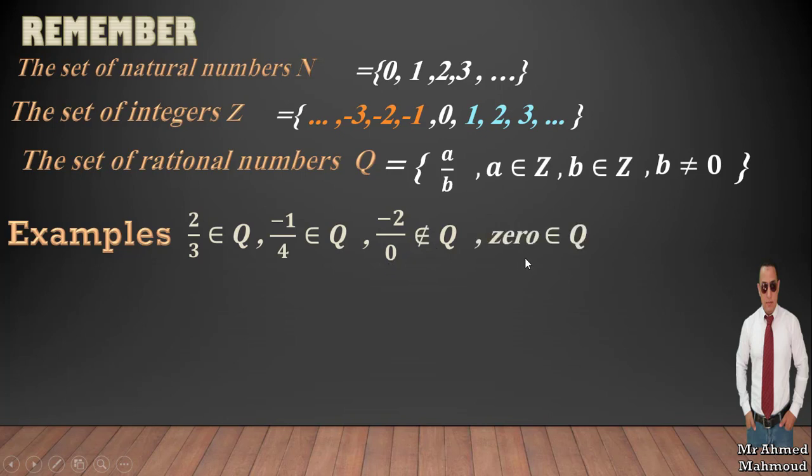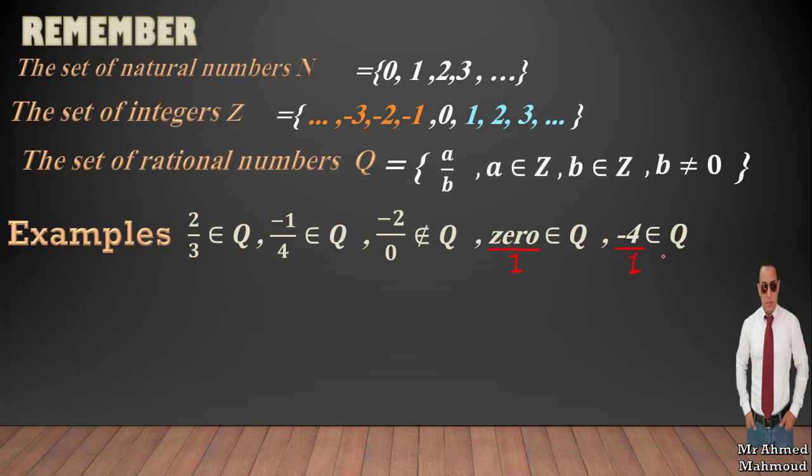Another number, 0. 0 can be written as 0 over 1, like this. So 0 over 1 belongs to Q. Another example, if we have -4, also -4 can be written as -4 over 1.